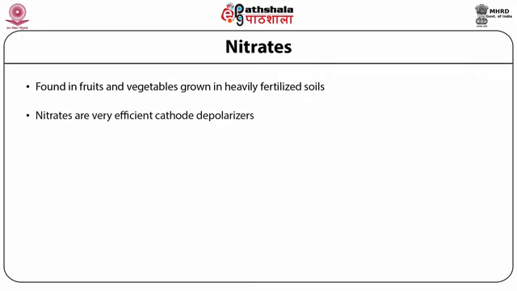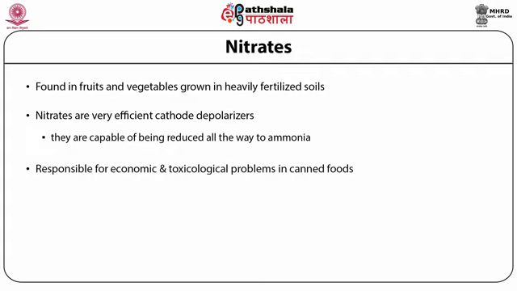Nitrates are very efficient cathode depolarizers since they are capable of being reduced all the way to ammonia. They have been responsible for serious economic and toxicological problems in some canned foods, notably tomato products. Although nitrates and nitrites are also present as intentional additives in processed meats, they present no problem.